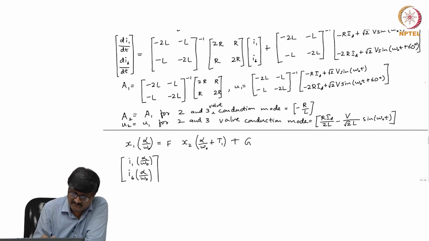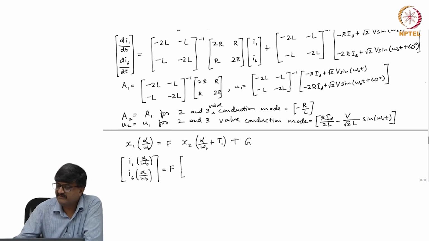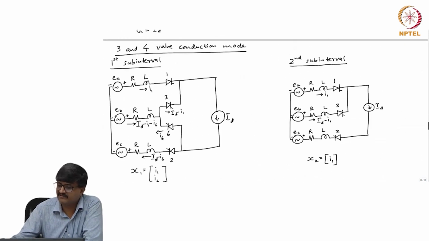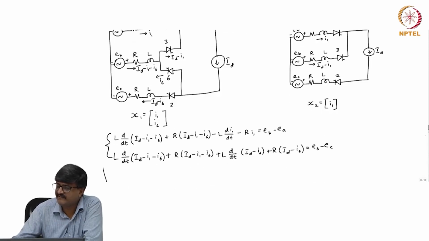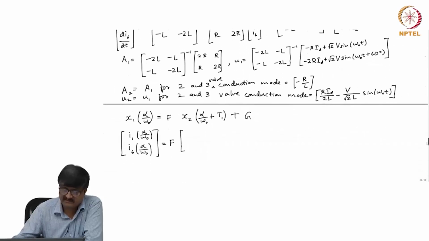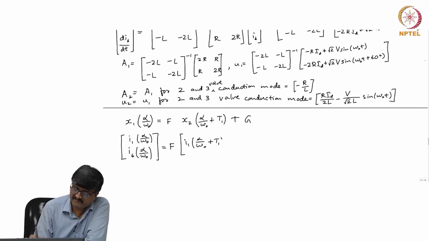So, this is equal to F into x2. What is x2? Just now we saw x2 is I1. For the second subinterval the only state variable is I1. So, it is I1 at alpha by omega o plus T1, plus G.